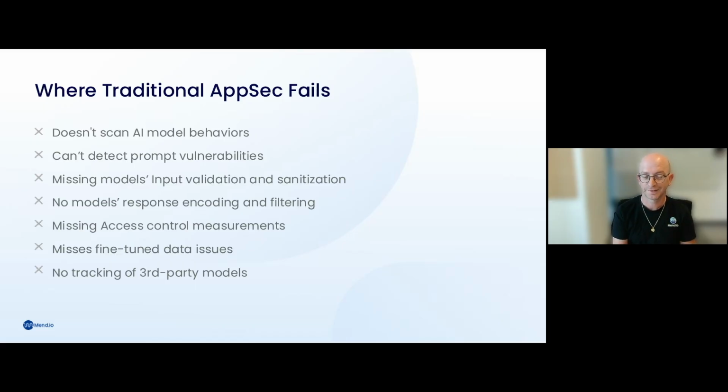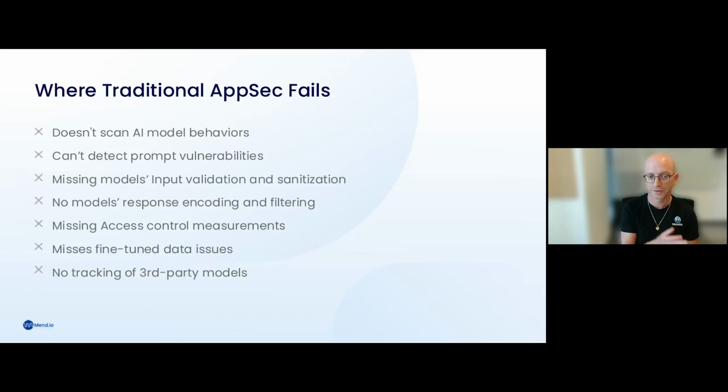Tools that try to mitigate the risk are missing anything related to model input validation or sanitation. This includes all different types of SaaS solutions, for example. There is no model response encoding and filtering. They're missing access control measurements.